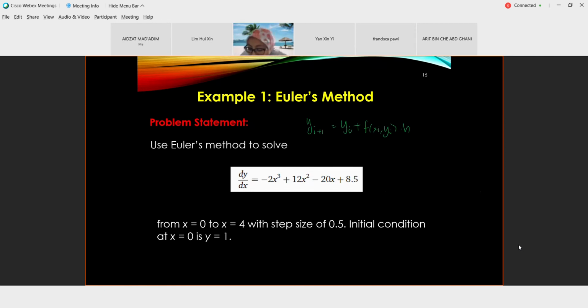Apa lim? Kita nak masuk equation ni di mana? Dalam tadi itu equation y i plus 1. So we have y i plus 1 equal y i plus function x i, y i multiply h. Equation ni sebenarnya nak masuk ke mana?